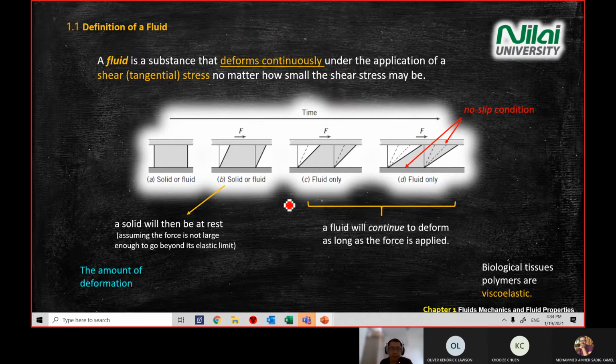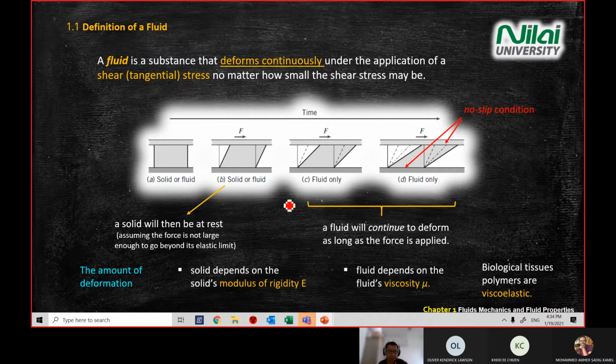Now, before the first formula that we're going to look at, we look at definitions first. For a solid, or solid medium or solid body, one technical word that we always mention is the modulus of rigidity or elasticity, given by capital E. And for fluid, we will look at viscosity, with the symbol mu.